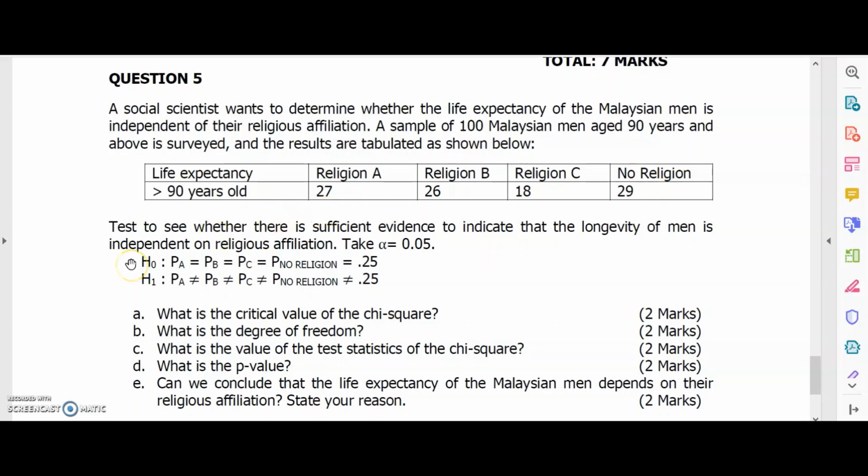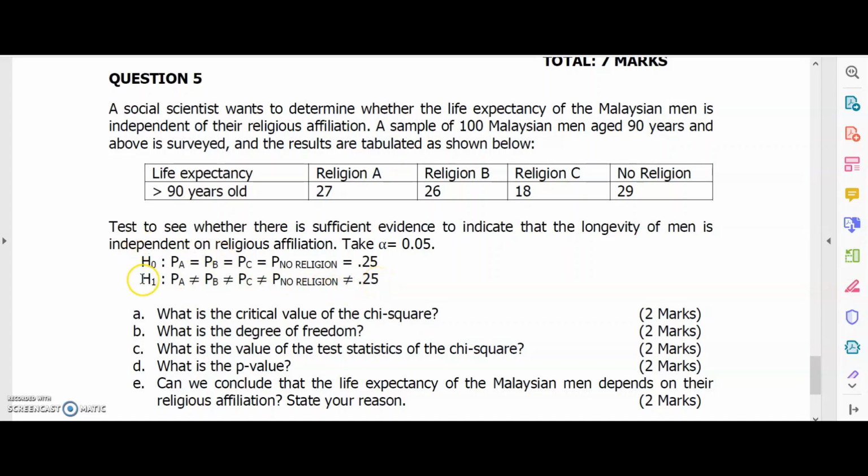So here we have the hypothesis statement, where the null hypothesis states that the population proportion for religion A equal to B equal to C equal to no religion equal to 25%, while the alternative hypothesis states that the population proportion for religion A is not equal to B, not equal to C, not equal to no religion, and not equal to 25%.